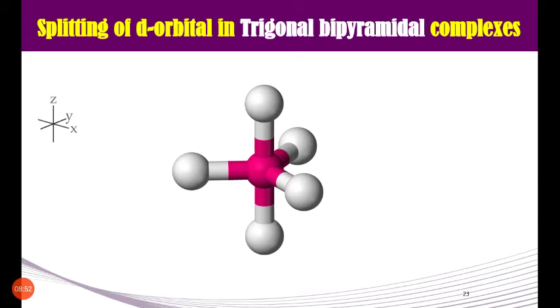Because the bond angle is 120. For square planar and square pyramidal, the bond angle is 90 degrees. Therefore, ligands are present at the x-axis and y-axis. But in this case, only one ligand will attain only one axis, either the x-axis or the y-axis.